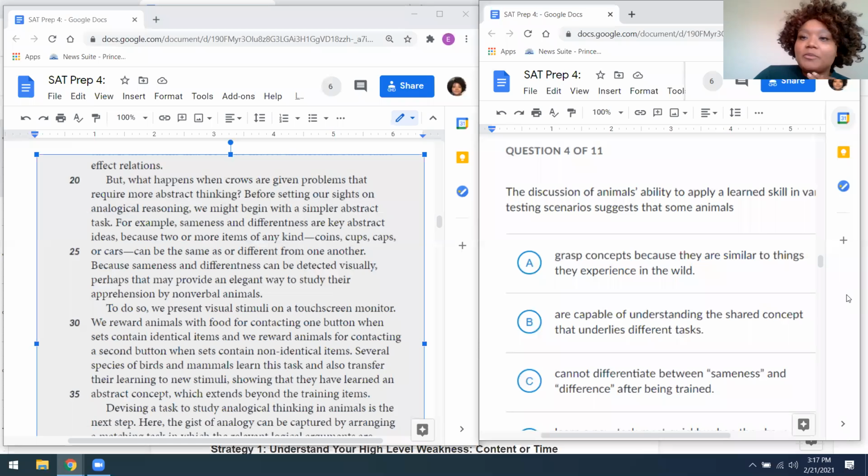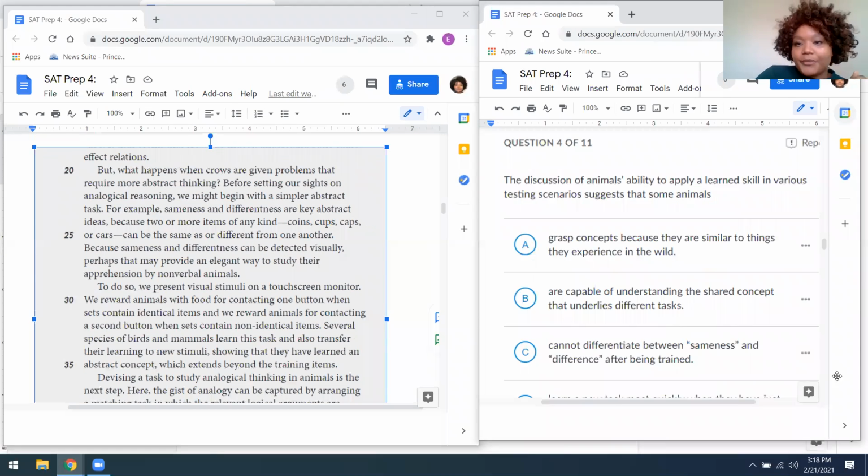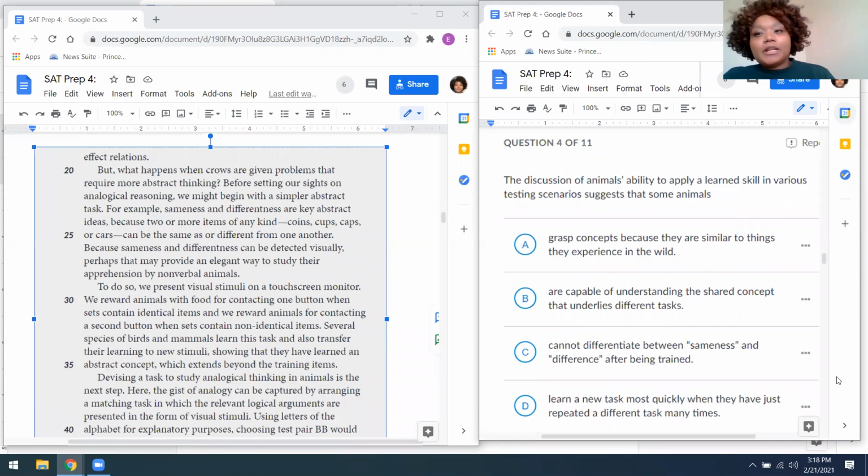So the discussion of animals' ability to apply a learned skill in various testing scenarios suggests that some animals... The answer here is B, pardon me: are capable of understanding the shared concept that underlies different tasks.